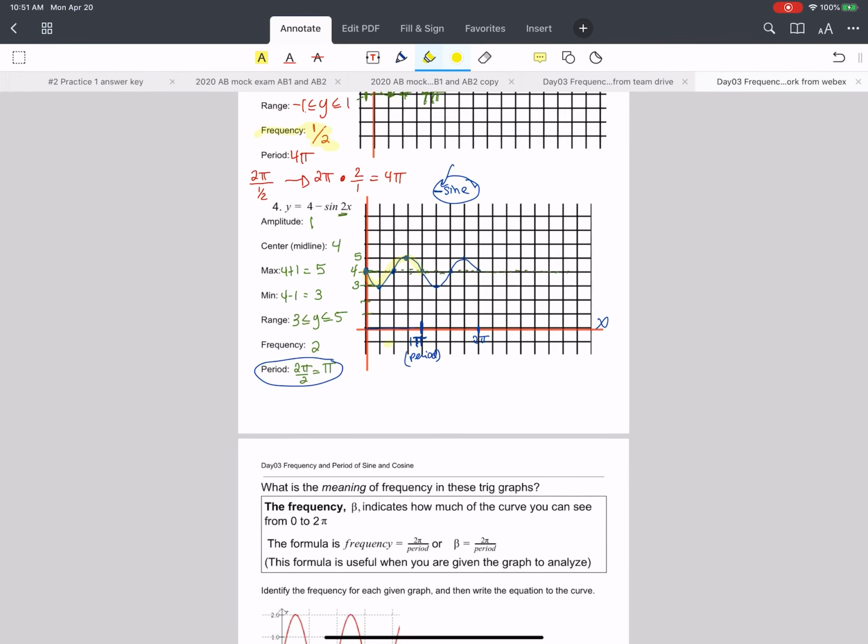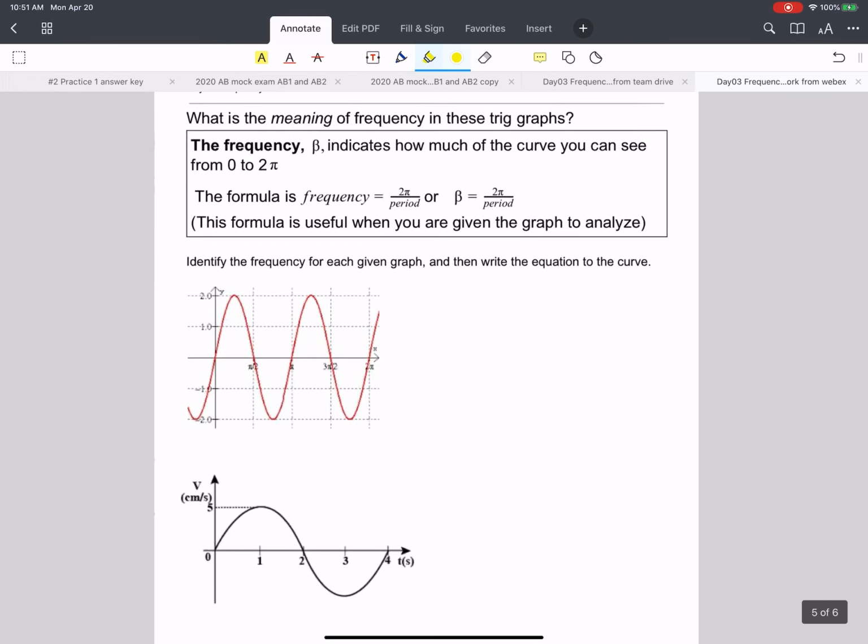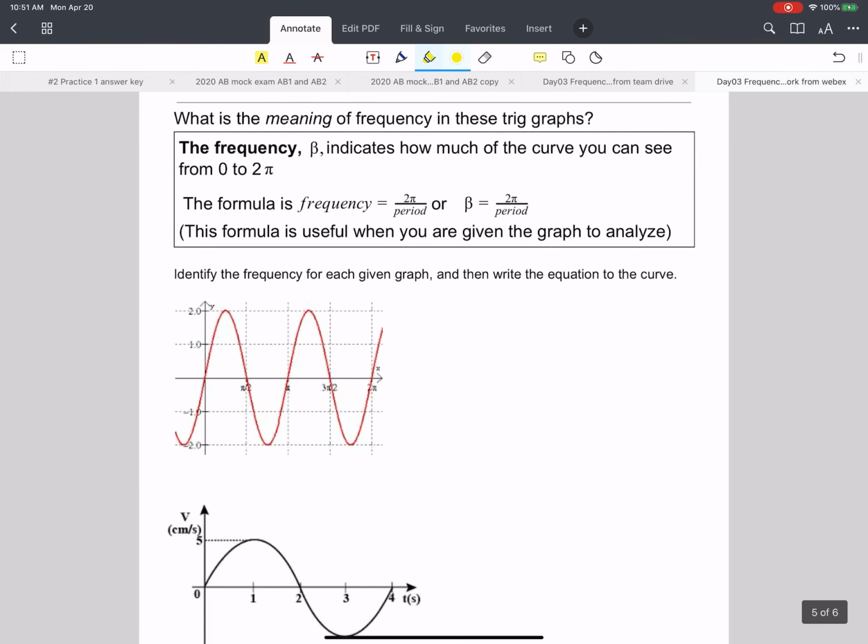Okay. All right, so now, what is the meaning of frequency in these graphs? And I just go into that. B, beta, is what we use, and the frequency is how much of the curve you will see from 0 to 2 pi.